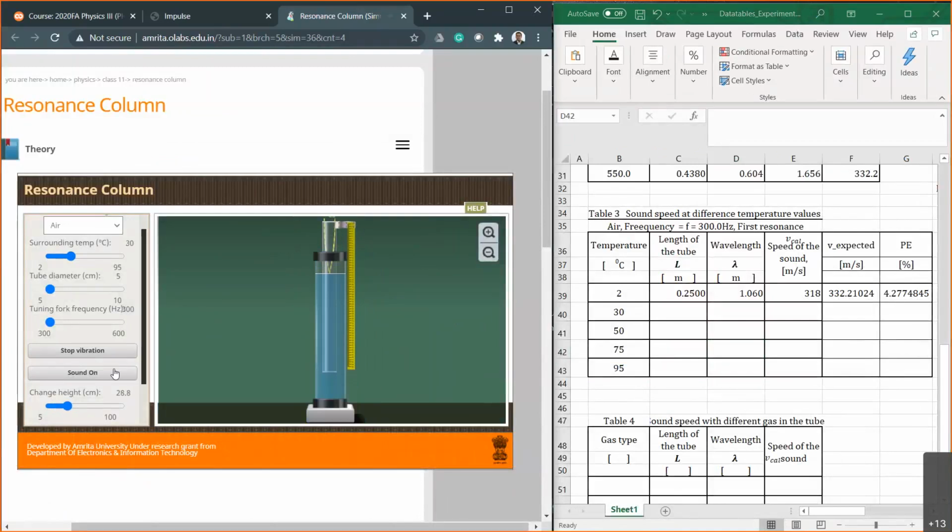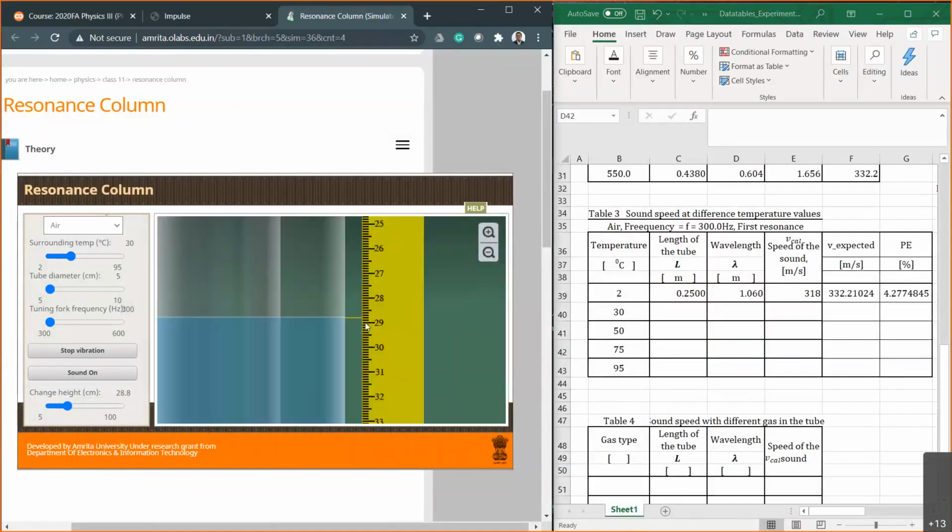We are studying only the first resonance. First resonance 28.8. Let's take a look at that again. 28.8, so 0.288, and then let's do all of these calculations in a single step.